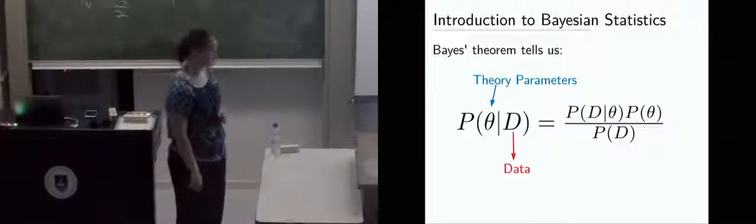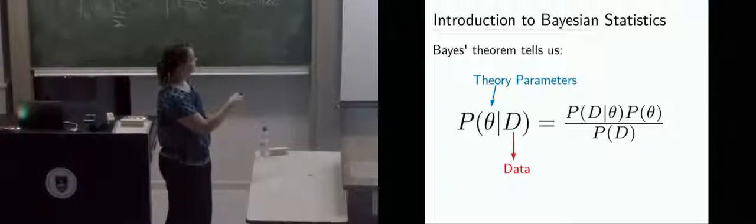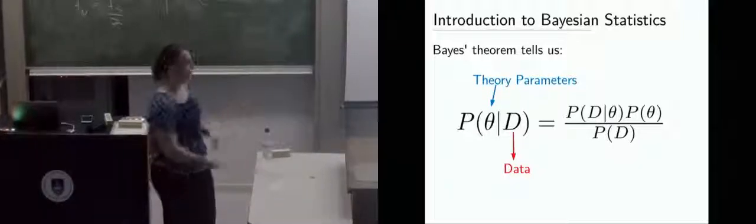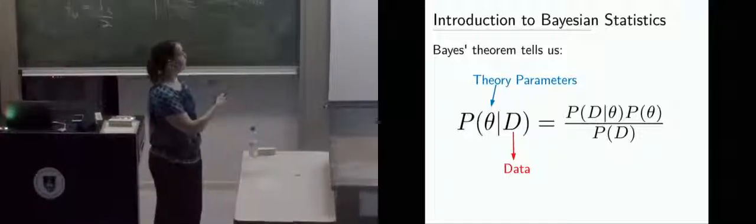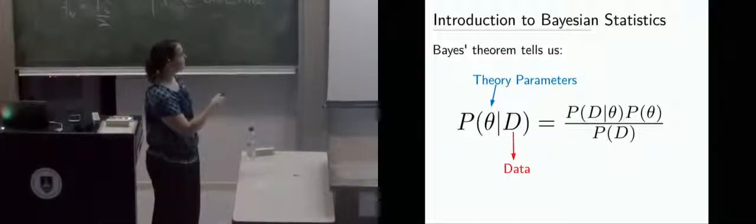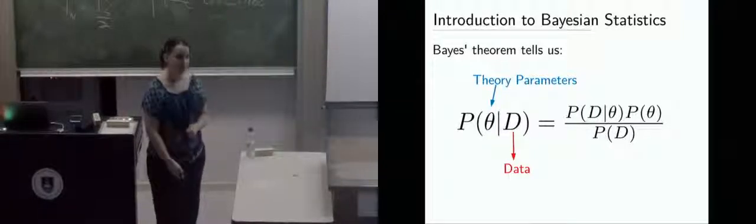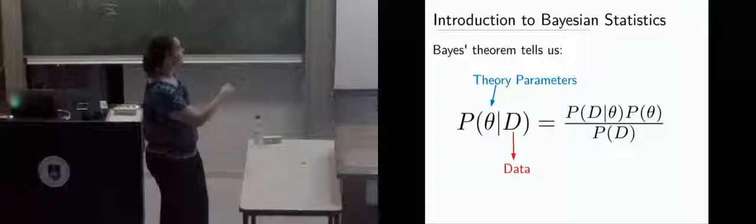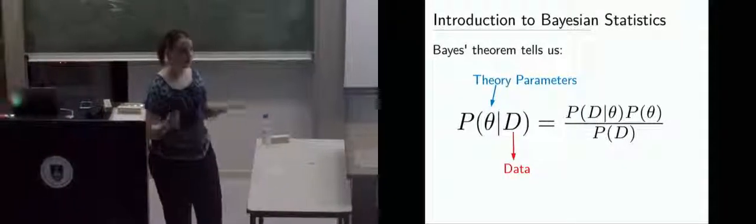So how do we make this useful in science? Well, we turn it around and relabel things, and we look at this. Instead of talking about events A and B, we talk about theory and data. This term says, what is the probability of this theory with these particular parameters? So theta here could be a vector. If you're doing cosmology, it could be the density of omega lambda, density of dark energy, density of matter, H naught.